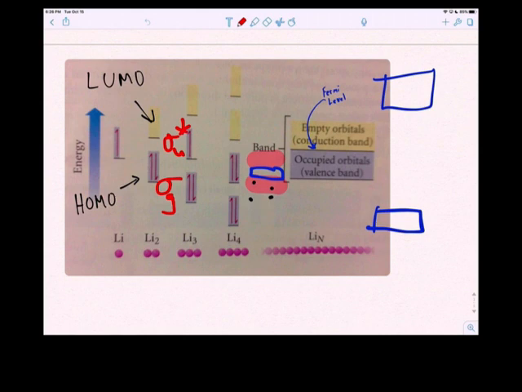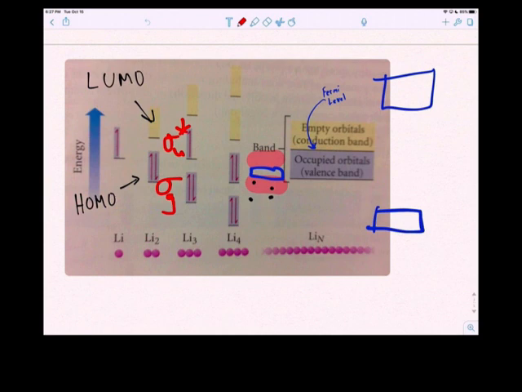Now, if you have lithium metal, you have a band of occupied orbitals and you have a band of empty orbitals. And then the Fermi level, that is the highest, is similar to the highest occupied molecular orbital. So for a conductor, and lithium metal is a conductor, the conduction band is touching the valence band.